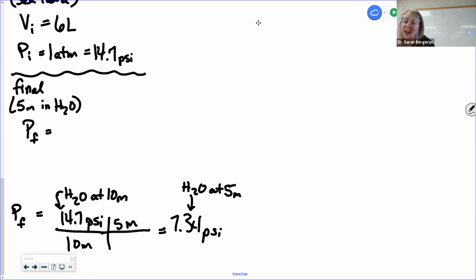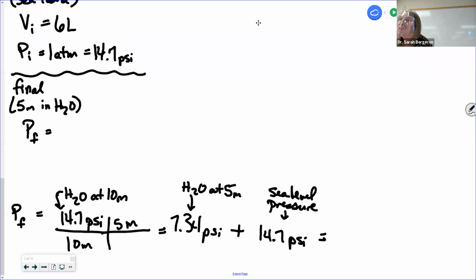But you have to add that to what? To sea level pressure, right? Sea level pressure, we said, was 14.7 psi. So what do you get? 22.05.